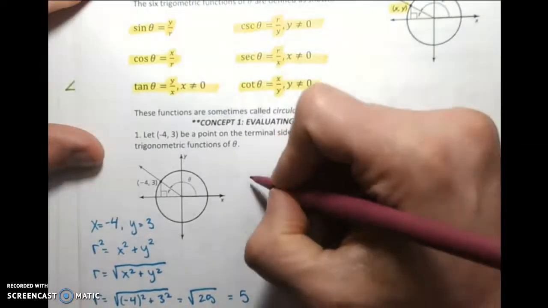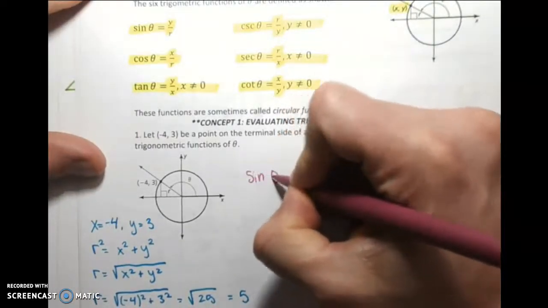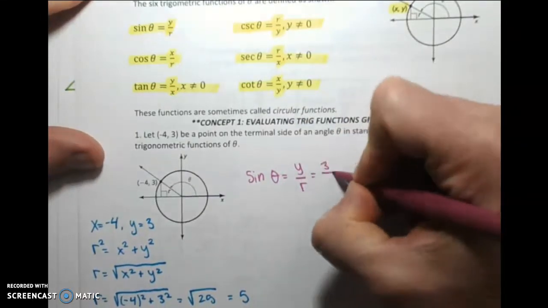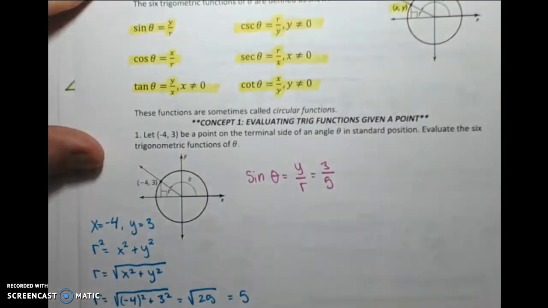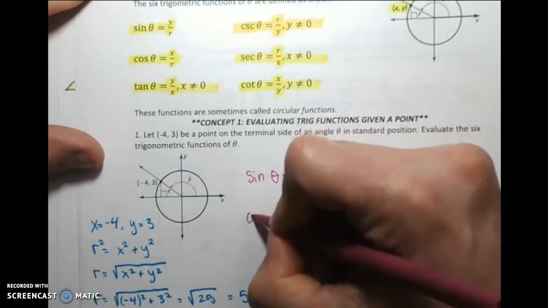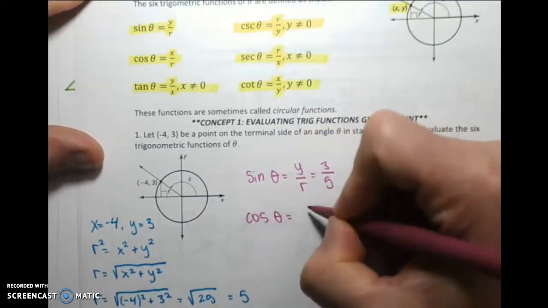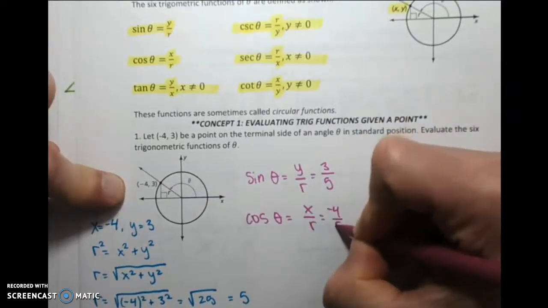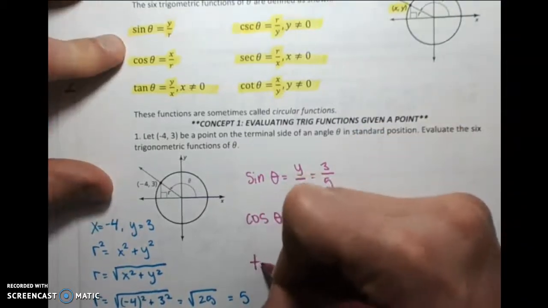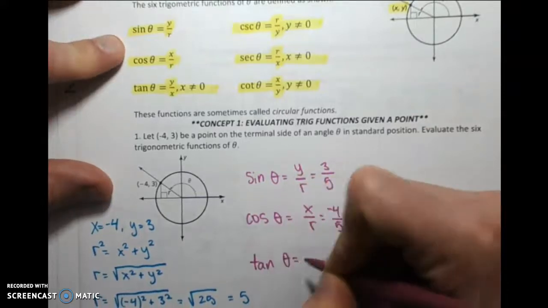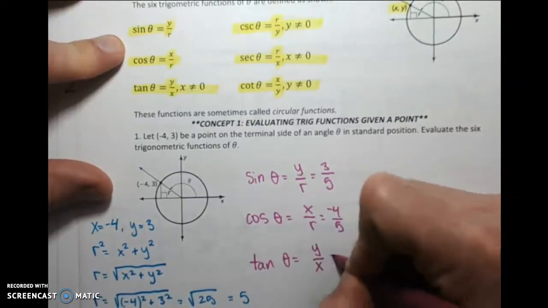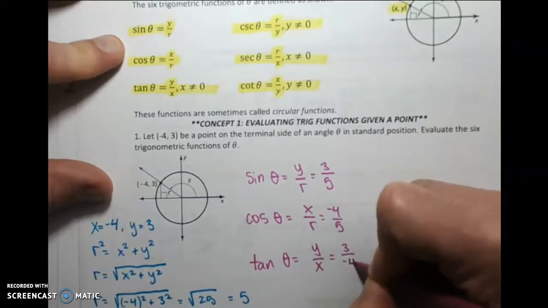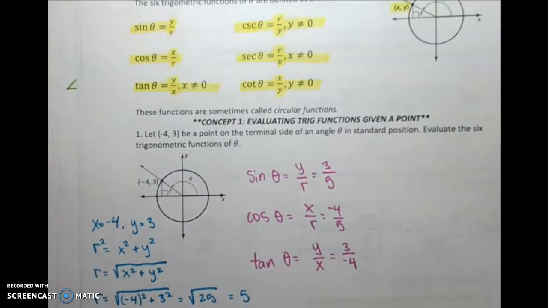And if I follow these 6 trig functions right here, I have my answer. Sine theta equals y over r. Y is 3, r is 5, so I got 3/5. Cosine theta equals x over r, that's negative 4/5. Tangent of theta equals y over x, which is 3 over negative 4, or negative 3/4.